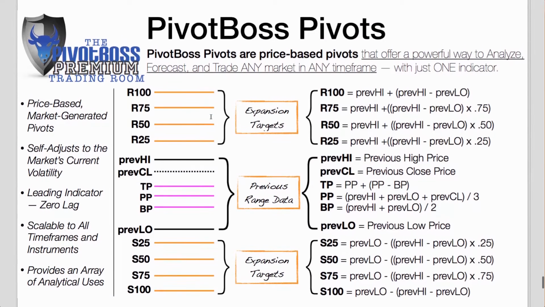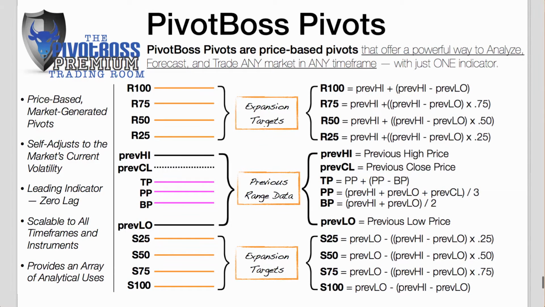So many of you may have already seen this slide before. Basically, this is kind of your cheat sheet for how the PivotBoss Pivots are calculated. Very simple, straightforward approach. Basically, there are 3 types of pivots on here. You have the expansion targets, which are above and below the key range.